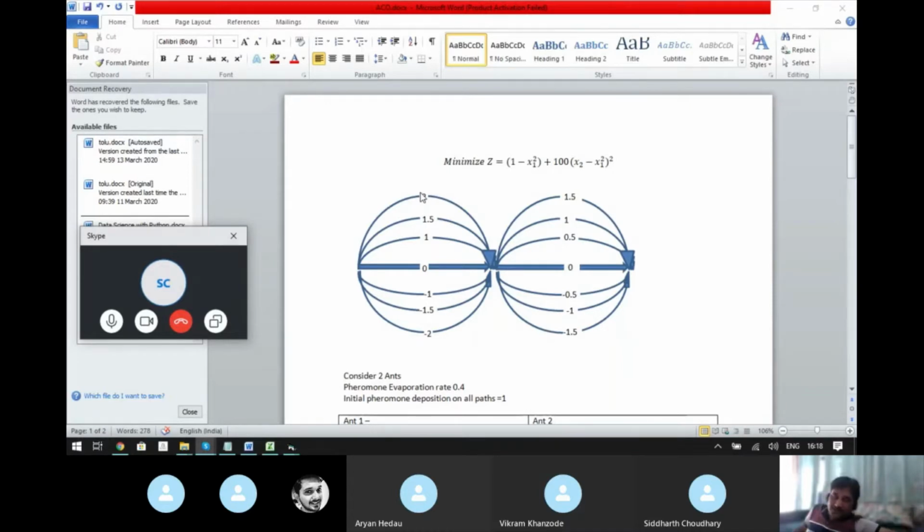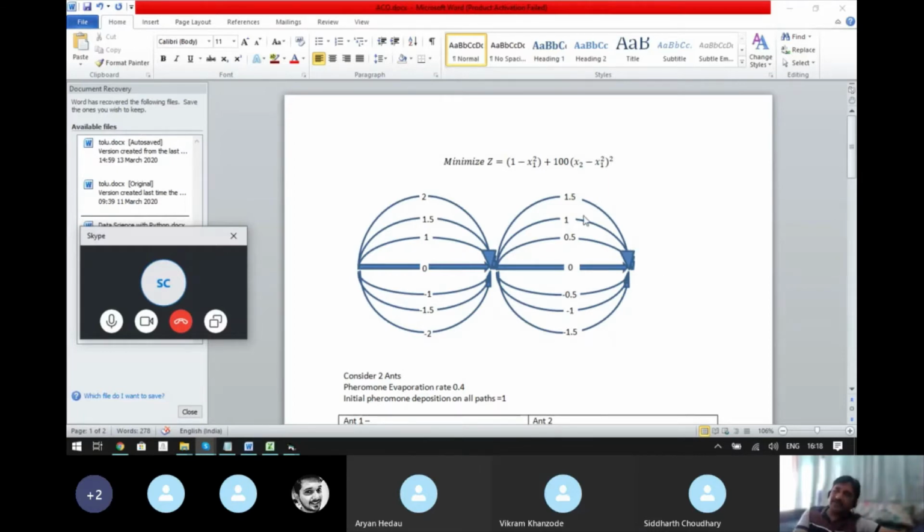I'm just showing here the small version of the big analysis which will be carried out in the computer, for making you understand how the ant colony optimization algorithm will be handled for function optimization.